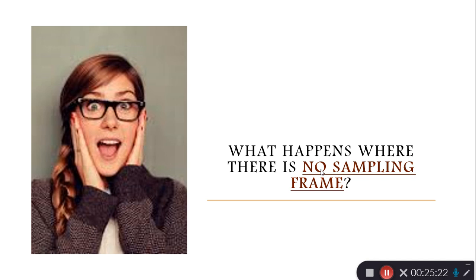However, there are instances in which we are unable to get access to this sampling frame that is so important for our ability to generate random samples. And this is very common in social work research. In fact, in my own work, because I was not able to get access to an accurate sampling frame, I had to rely on non-probability sampling methods. And so that is what we are going to talk about from this point forward.